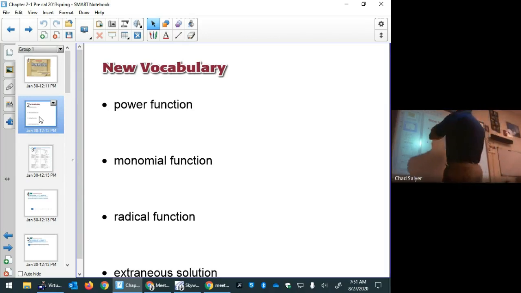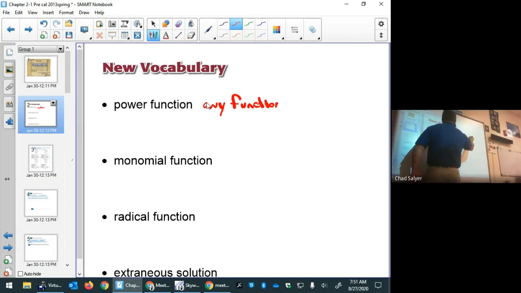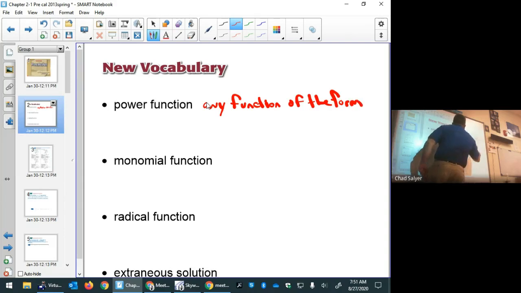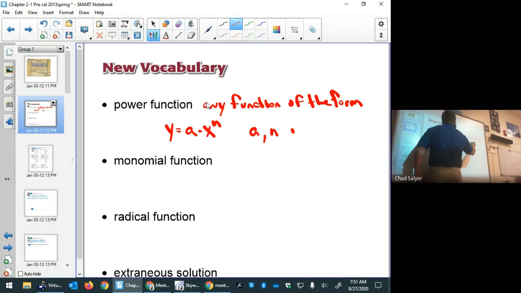So a power function looks like this. It's any function of the form y equals a times x to the n power, where a and n are non-zero reals.